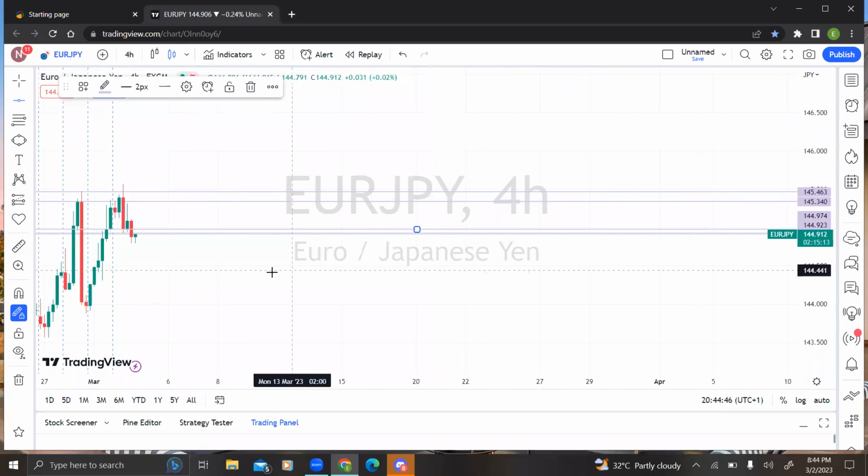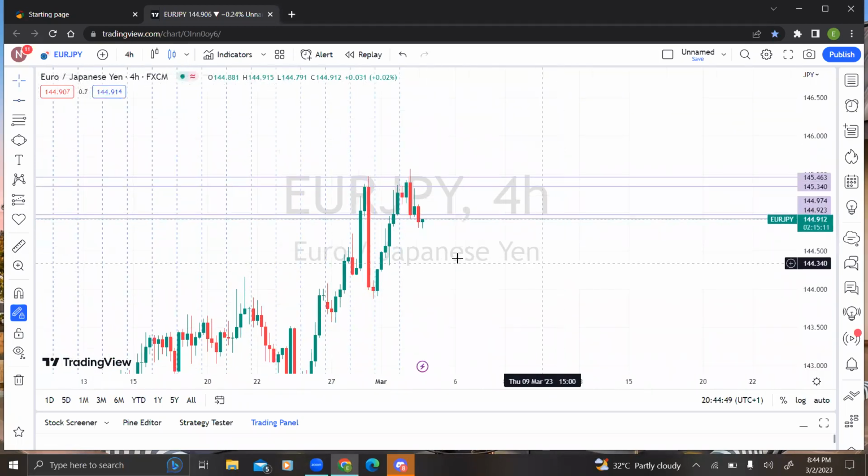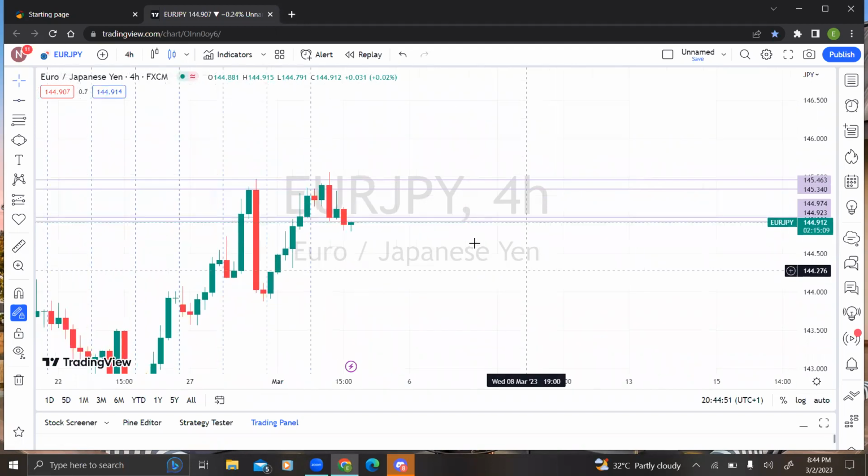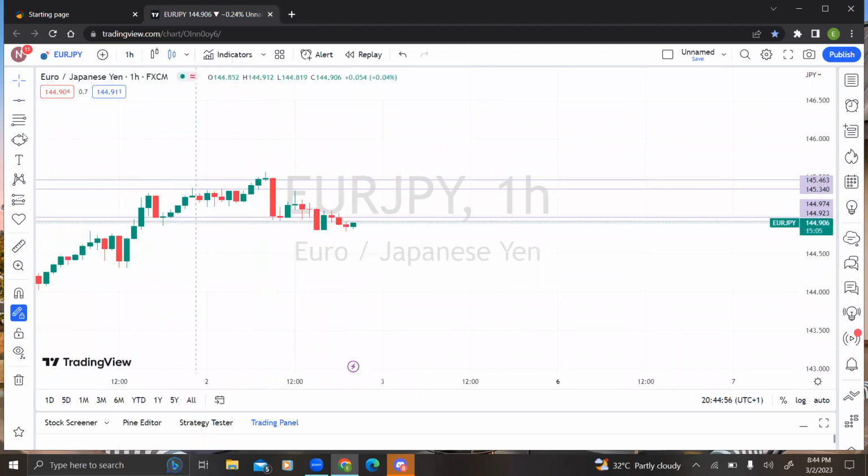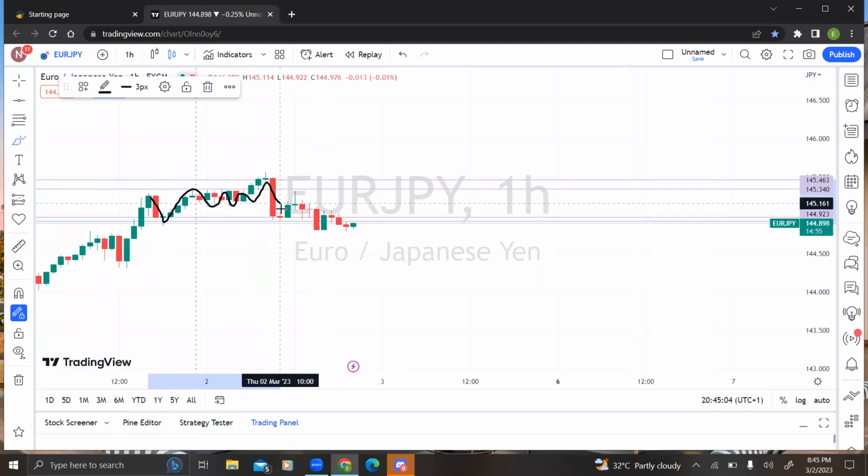Guess what? Price is about to make a retest. So this is 4 hours. If I take this to 1 hour, you'd see it. You know it's a consolidation. Do you see how price came down to this place, moved up, came down, moved up, came down, moved up, came down, moved up, came down again?